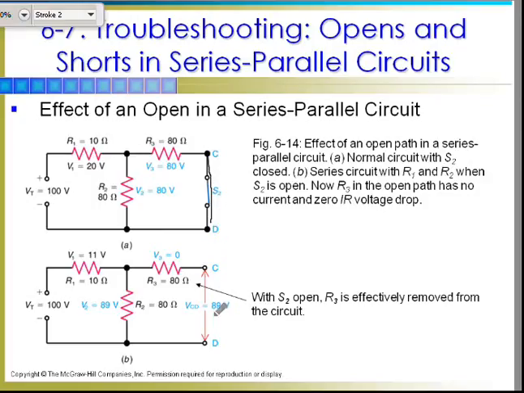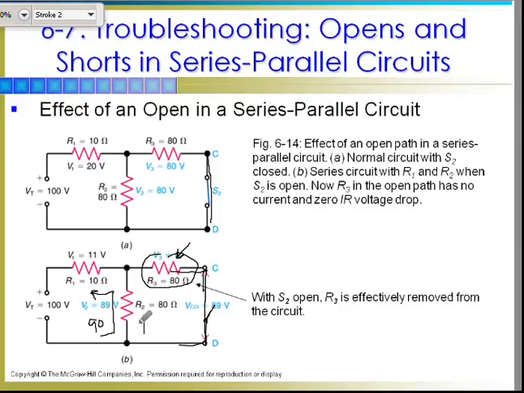Now if we open that switch up, okay, all of a sudden, while still partially connected, there's still no place for current to flow through this resistor here. So you end up with a straight series, 80 ohms and 10 ohms, so a 90 ohm circuit.